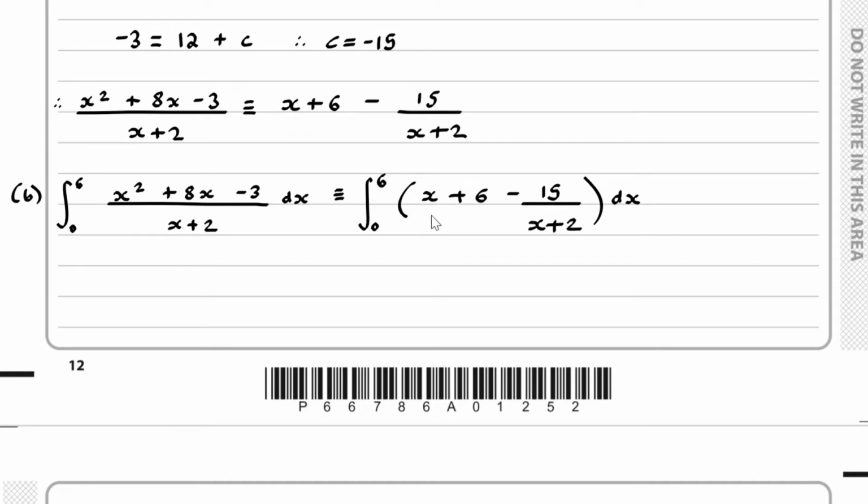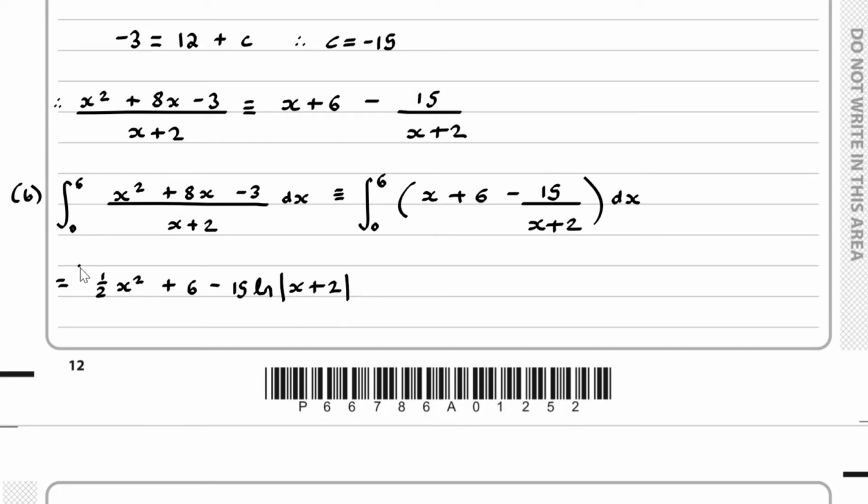If we integrate the x, we end up with 1/2 x squared. If we integrate the 6, we end up with 6x. And if we integrate the minus 15 over x plus 2, we have minus 15 times the natural log of the mod of x plus 2.